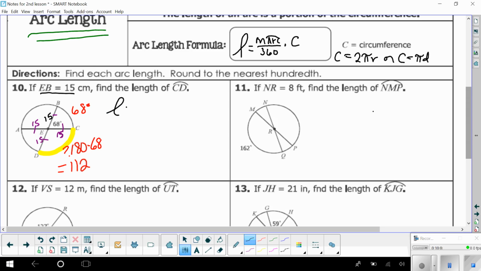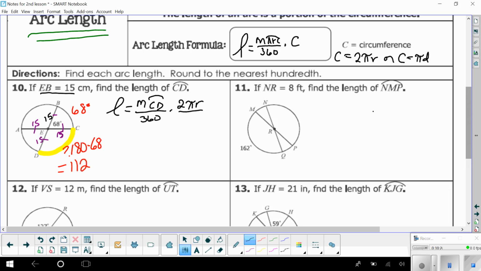The length is equal to the measure of the arc, which we want is CD, over 360 times the circumference. They only give us the radius, so we have to use 2 pi r.